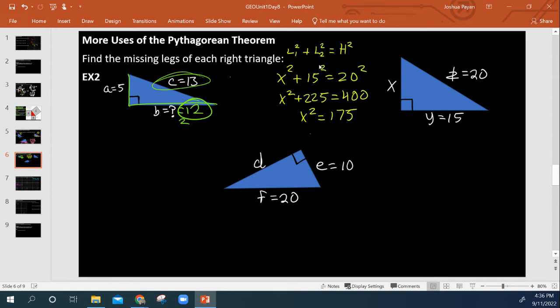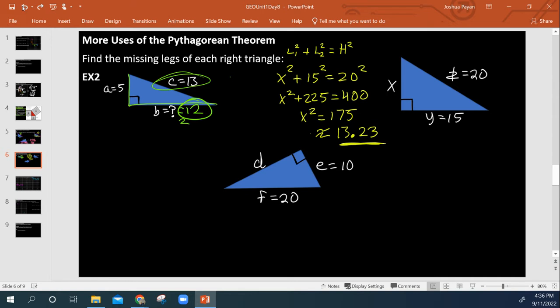I thought that was right, but I didn't think I would use such an ugly number here. Okay, and we get that the missing leg x is going to be 13.23 thereabouts, right?